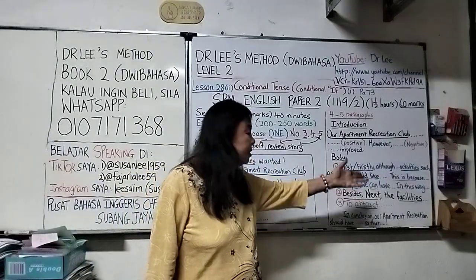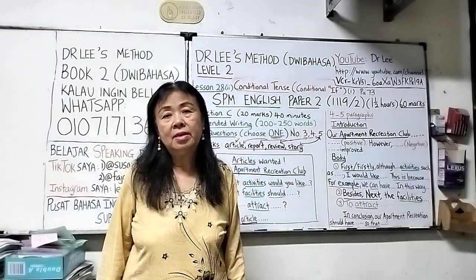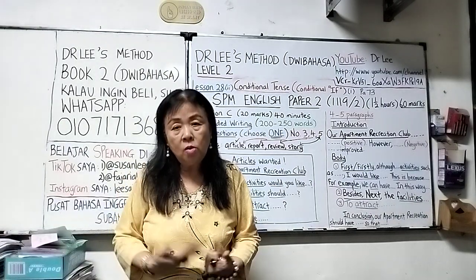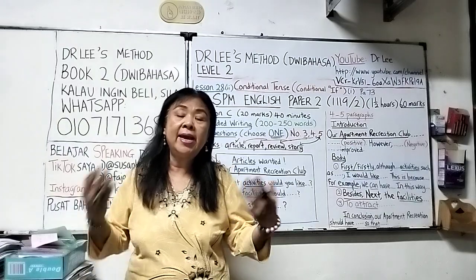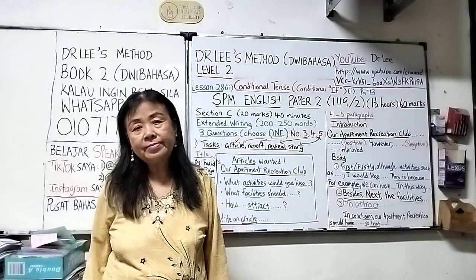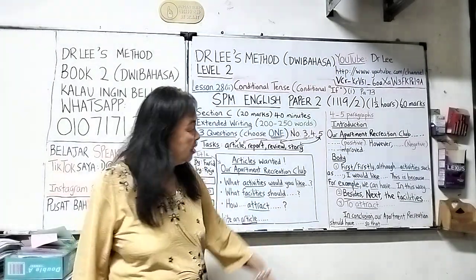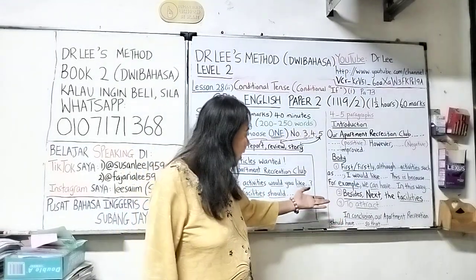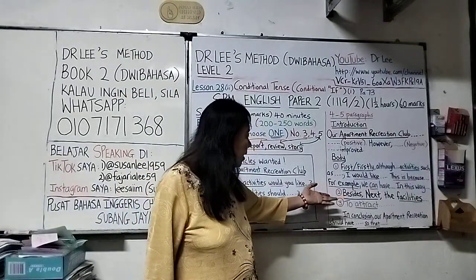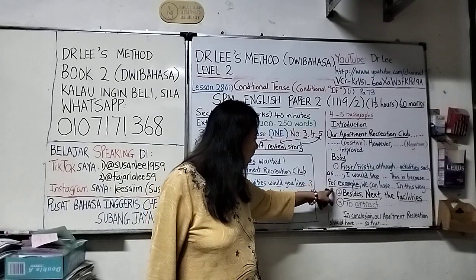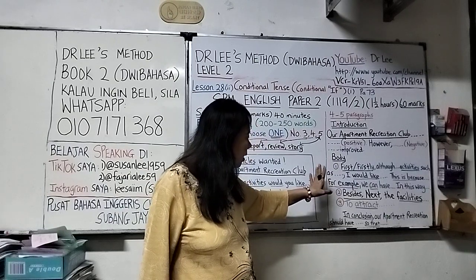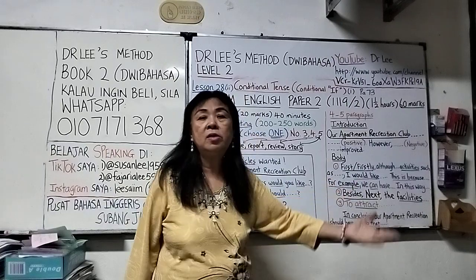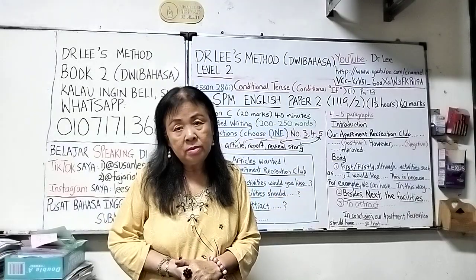Then you can give the example. This is because with such facilities, the young and the old, or the elderly and young people, can spend their time usefully. Okay? And then you can say the example I have given, and you can make a small conclusion.